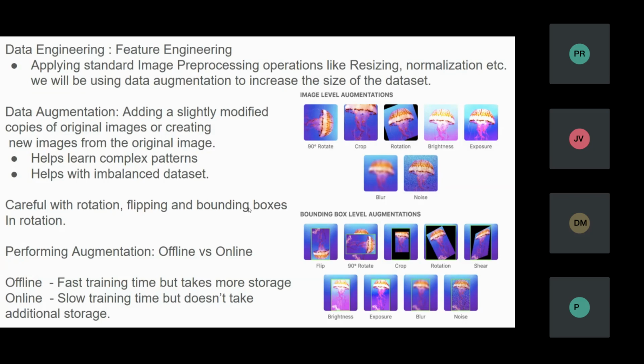Imbalanced data sets are data sets that consist of a minority as well as a majority class. When the model is trained on the majority class, it becomes familiar with it and is not able to learn the minority class well.